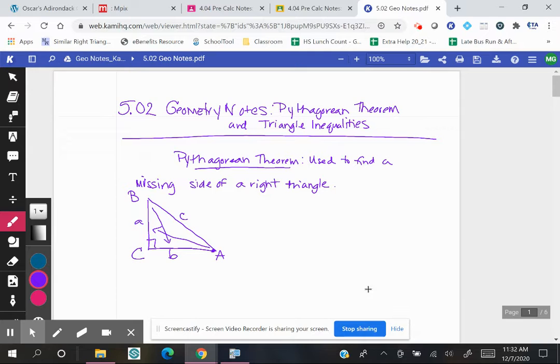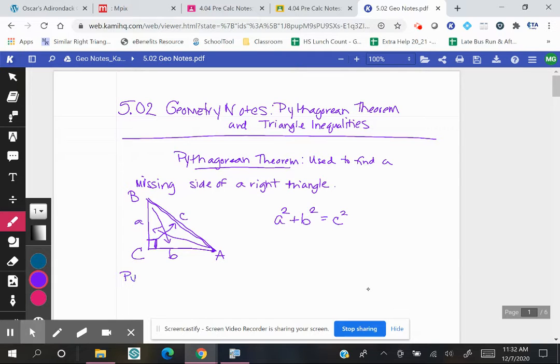The Pythagorean theorem states that side A squared plus side B squared, so the leg squared plus the other leg squared, would equal your hypotenuse squared. And remember, the hypotenuse is always across from the right angle. It should be the longest side in your right triangle, always.